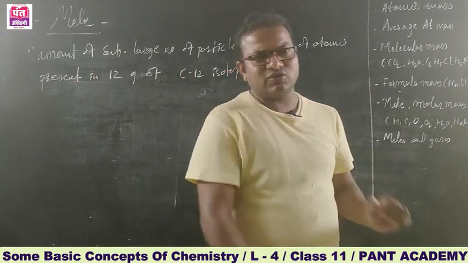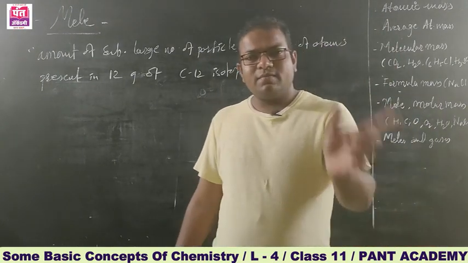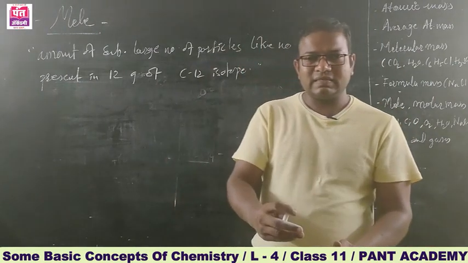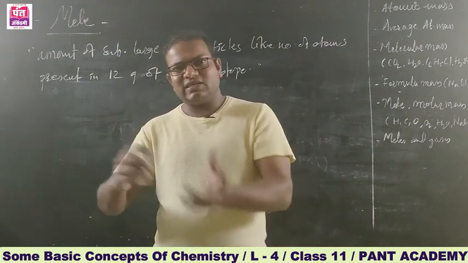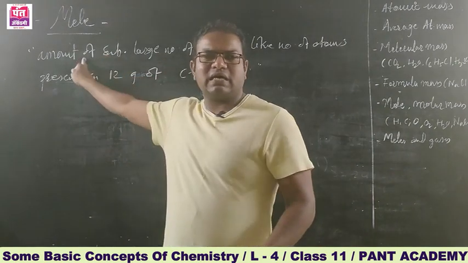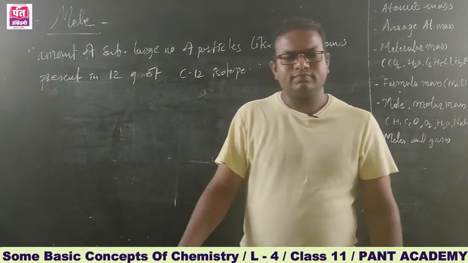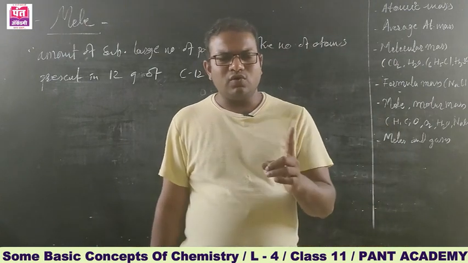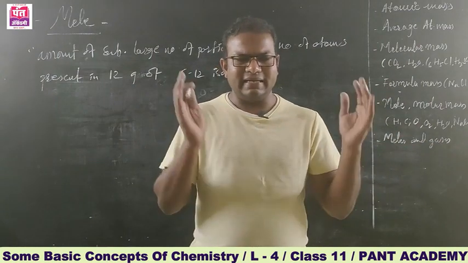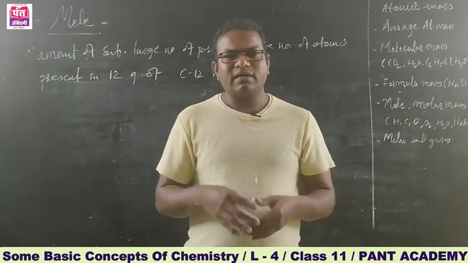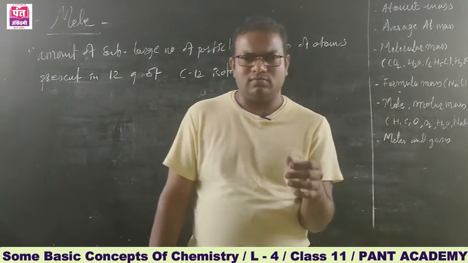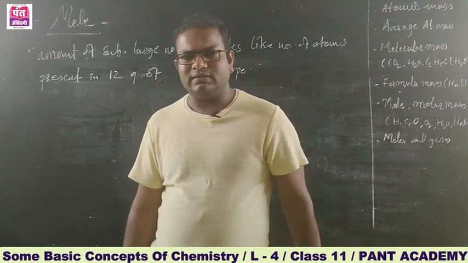That means the amount of that substance which has entities or particles in the same quantity as the atoms present in 12 grams of carbon 12 isotope, what do we call it? Mole. Understood? Mole is the amount of substance that contains a large number of particles, entities, like the number of atoms present in the 12 grams of carbon 12 isotope, and that is called mole. That is what we call mole.